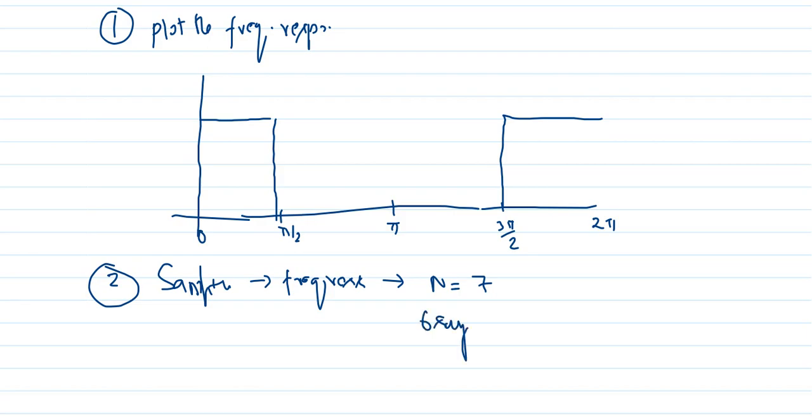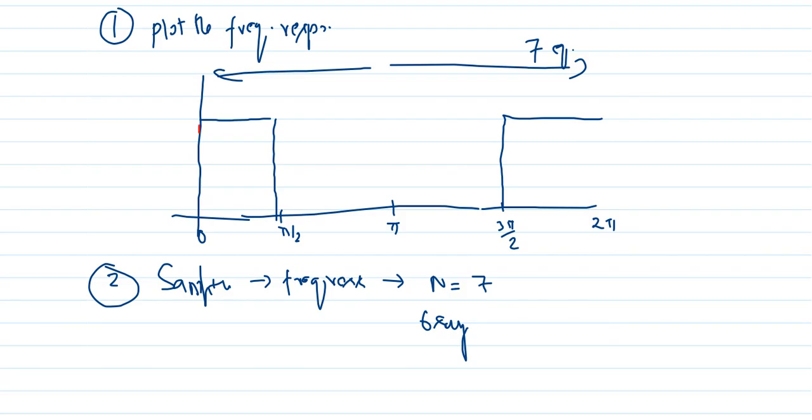You want to divide this entire region into 7 equal parts, as n is 7. So it implies that you take 6 samples.